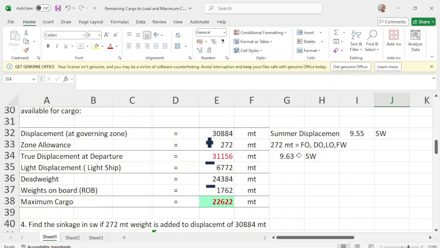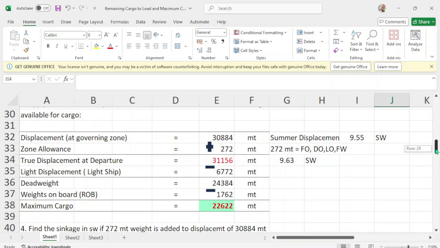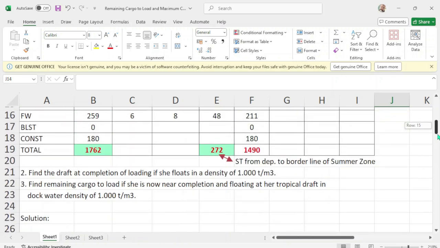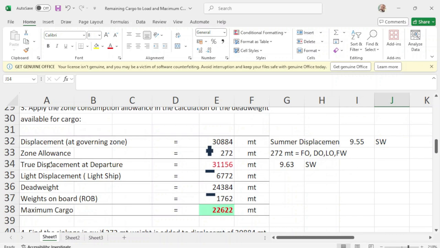Then you add the zone allowance, which is 272. Then you will have your true displacement at departure of the loading port or the tropical zone, which is 31156, with a draft of 9.63 in salt water.